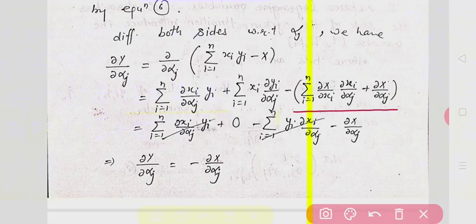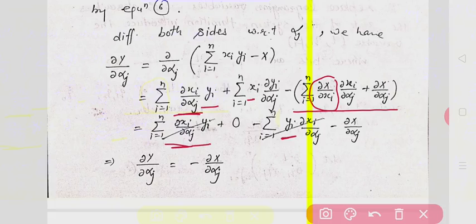But you know that curl x over curl xi is yi, so I use this transformation. Now xi is a function of y1, y2, y3, ..., yn and alpha 1, alpha 2, ..., alpha m, therefore this will be as it is: curl xi over curl alpha j into yi, and this is xi.